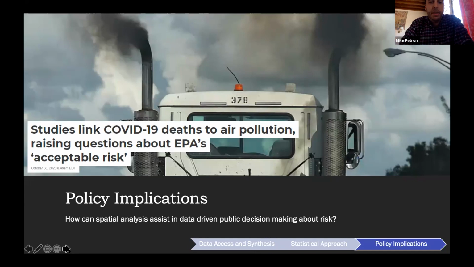So what does this mean? What does this mean for policy and protecting our population against these kind of shocks to the healthcare system? And this kind of goes back to our theme of translational science and how can we turn these results into real research that can affect policymaking.